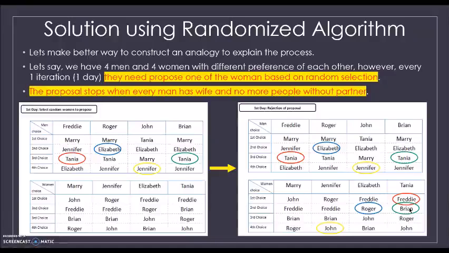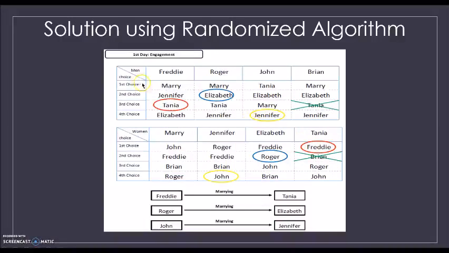So in the day of engagement, Brian will have no partner. Freddie will have Tanya because Tanya chose Freddie over Brian. And Mary has no one proposed to her. So for the first day, 3 couples got engaged: Freddie with Tanya, Roger with Elizabeth, John with Jennifer.